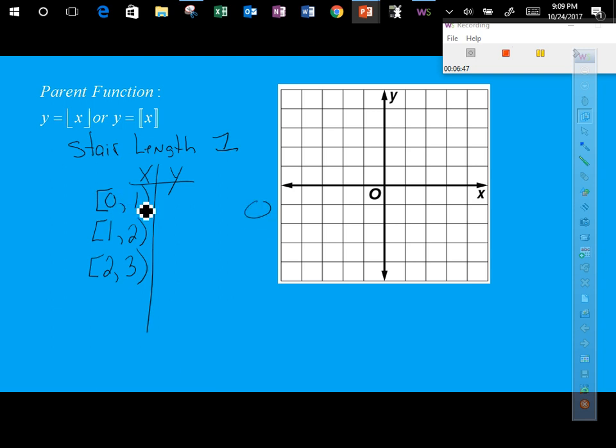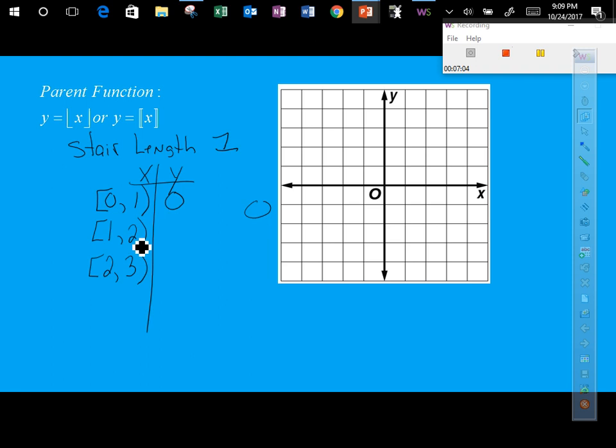Now let's come up to something really, really close to 1. 0.99. If I take 0.99 and round it down, I'm still going to get 0. Now let's go to the next one. Let's plug in 1. When I take 1 and round it down, I'm going to get 1.